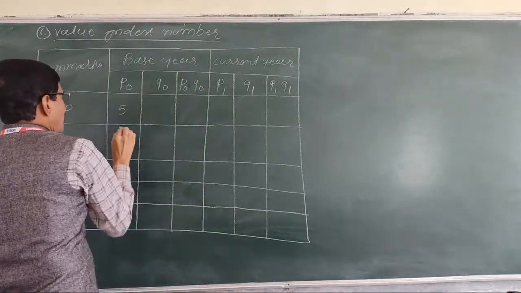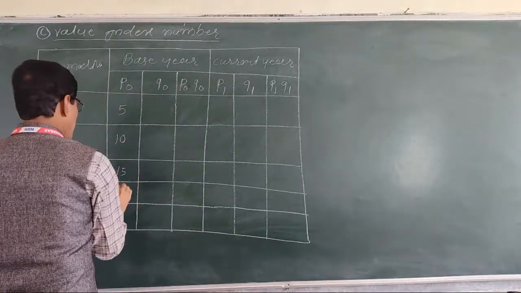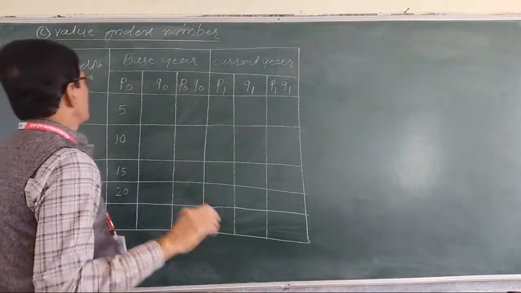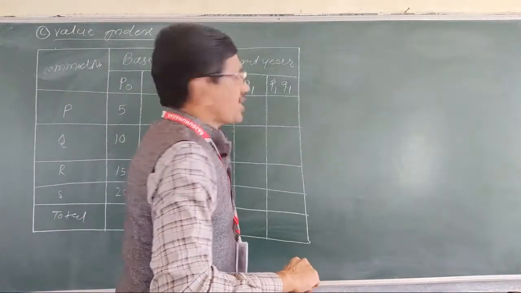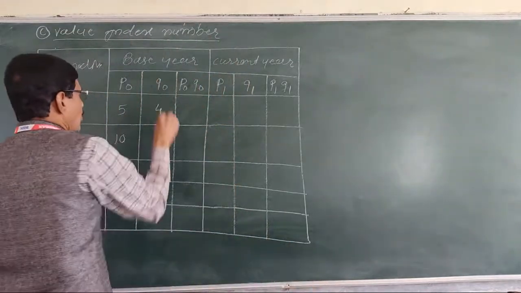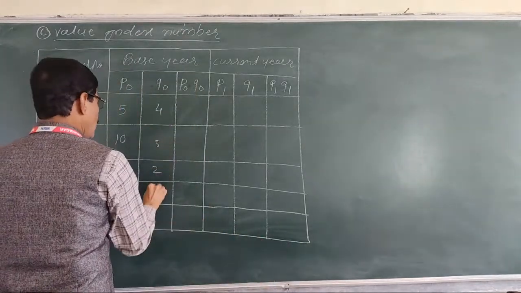The base year prices P0 are 5, 10, 15, 20. The quantities Q0 are 4, 3, 2, 1.